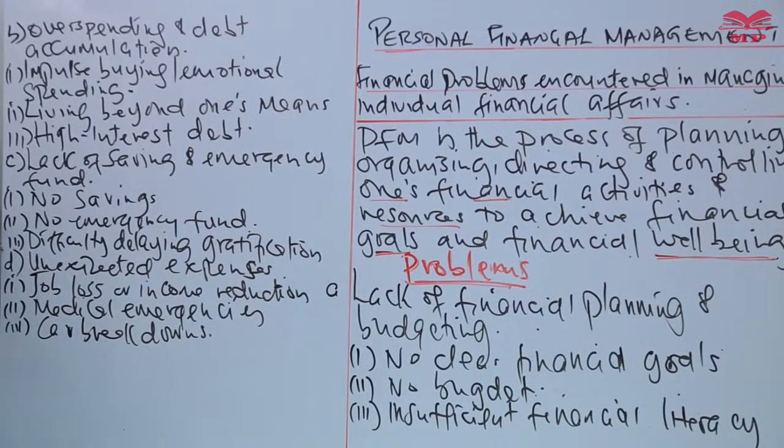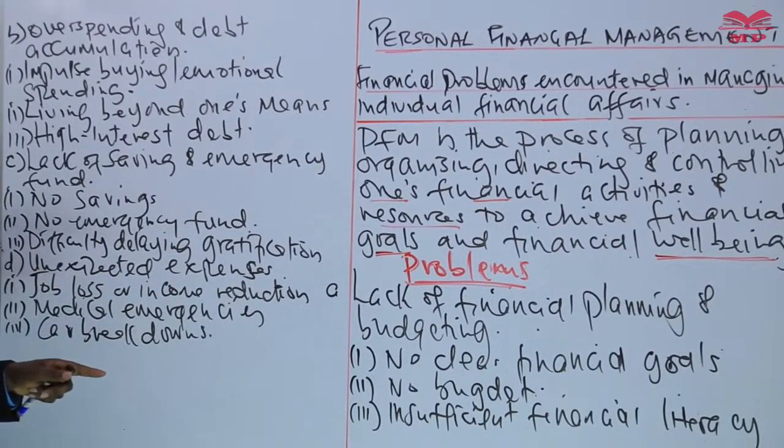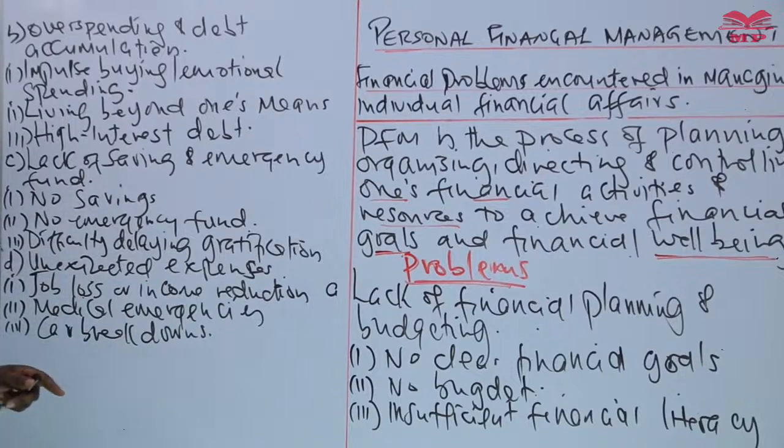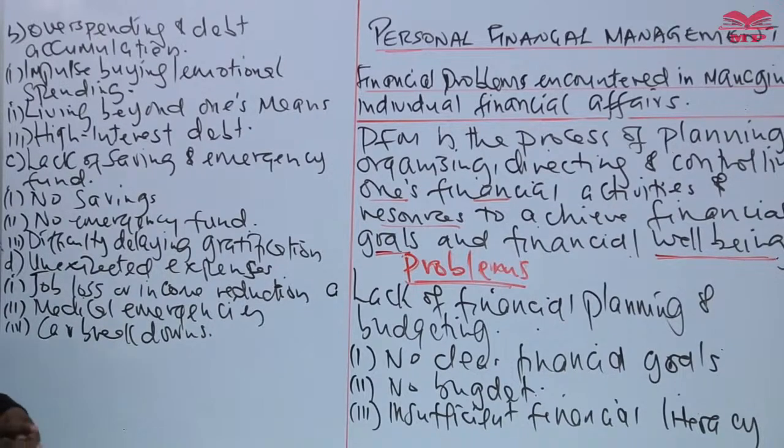A car breaking down can be categorized as an unexpected event, which may cause an individual to incur expenses to fix the car or to fix a house. The roof of your house can be pulled down by wind. That is an unexpected event, which may call for repairs to the house. These are unexpected expenses. Major expenses can lead to unexpected and significant costs.